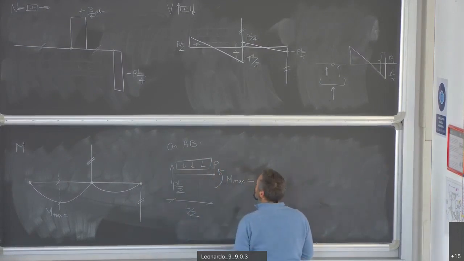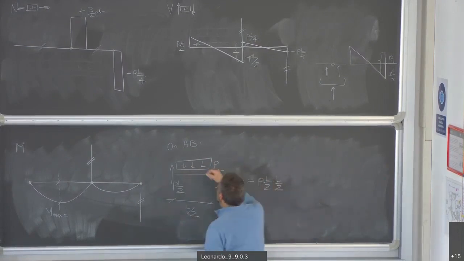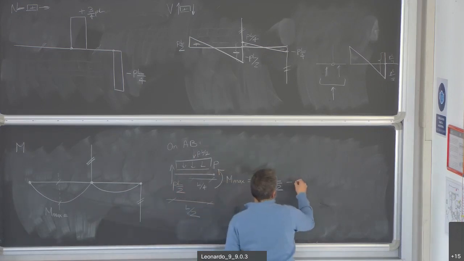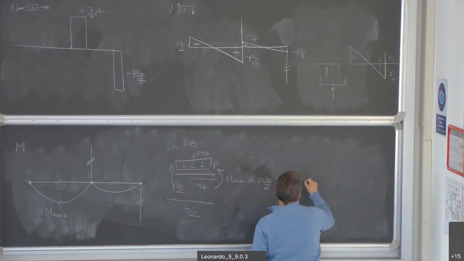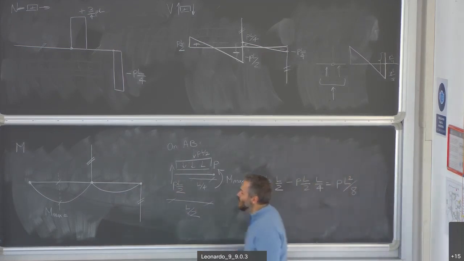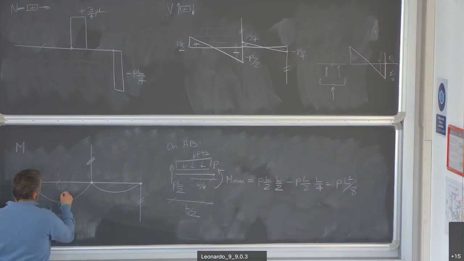And then I have this contribution, which is PL divided by 2, whose lever arm is clearly L divided by 4, minus PL divided by 2 times L divided by 4. This gives you PL squared divided by 8. So this value will be PL squared divided by 8.